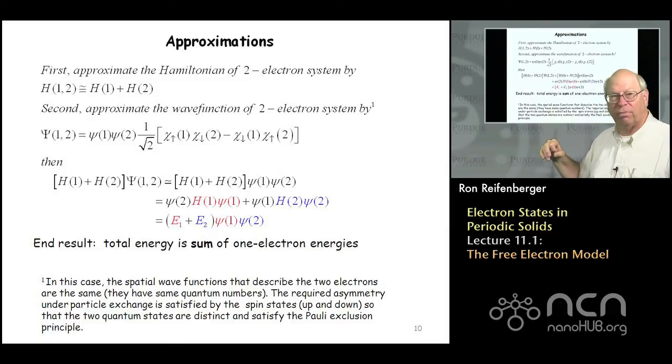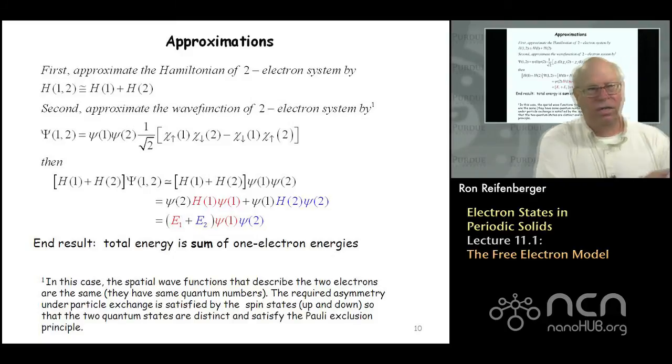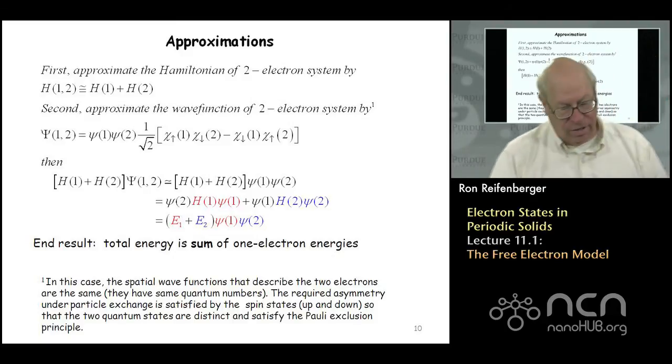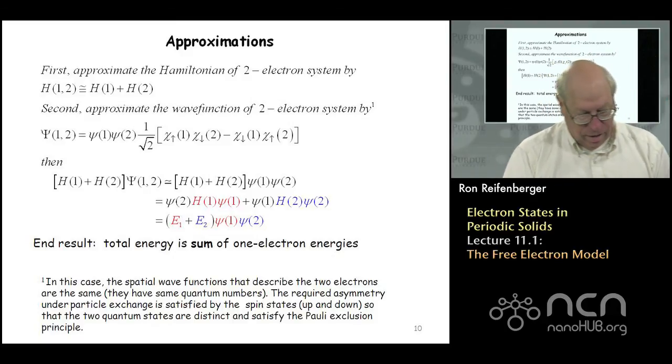The formalism gets to be complicated, but what you'll find at the end of the day is that you'll have a sequence of operators that operate only on wave functions with the coordinates associated with the coordinates in each term in the Hamiltonian, and the end result is that the total energy of the electrons in the crystal just become the sum of these one electron energies.